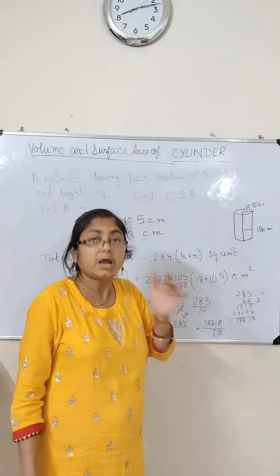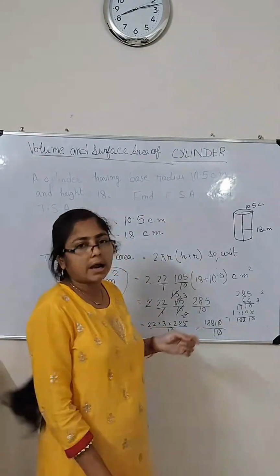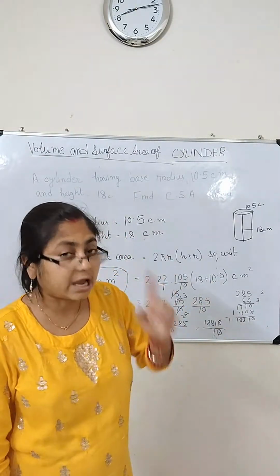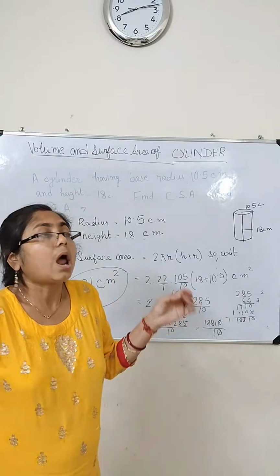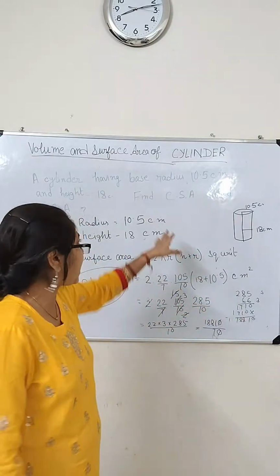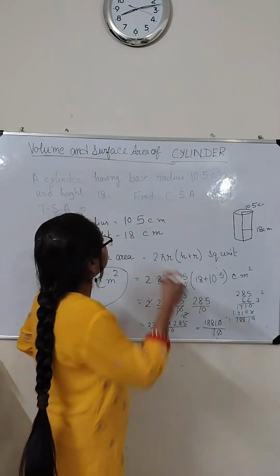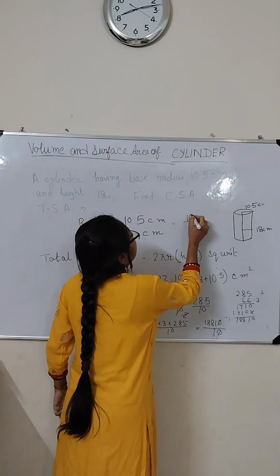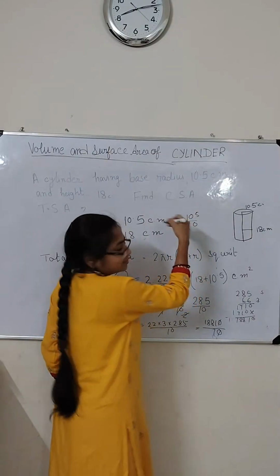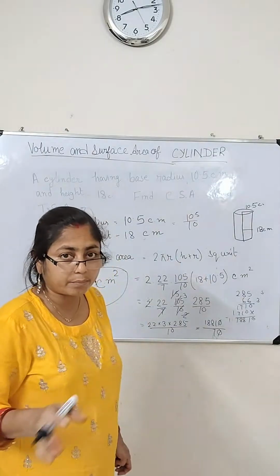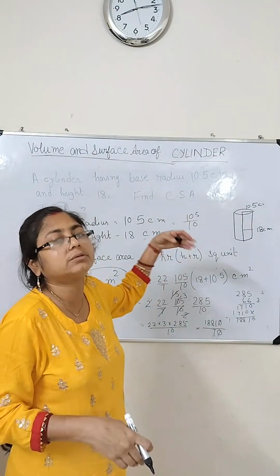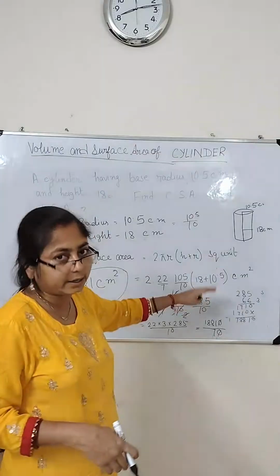If anybody has 10.5, I just remove the decimal: 105 by 10, it is the easiest way. Then at the time of calculation I make it easy. And if you make it from the upper side, you can write 105 by 10 and simplify, it is also right, no problem. But I am not doing this because it is just a waste of time. I put everything here and do this one.